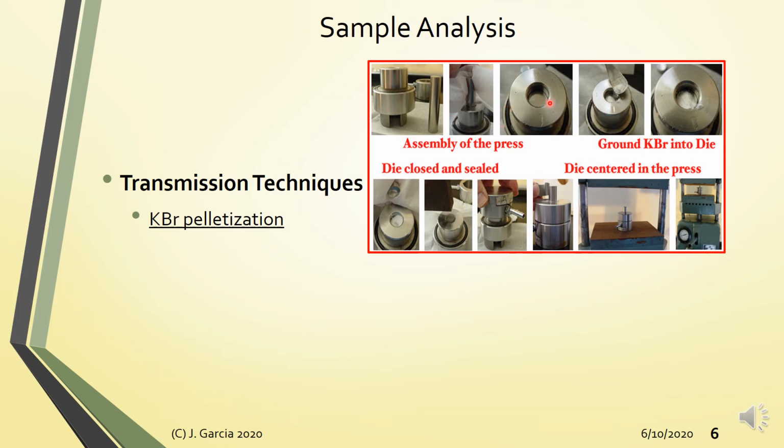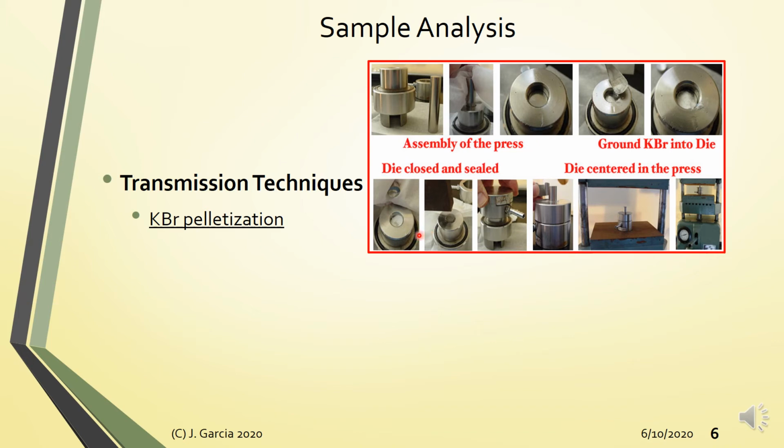So the die press is placed on the hydraulic press. Alright, so mag-a-apply ka ng pressure, and the result will be a crystal. Ideally, it should be a clear, or kung di man siya sobrang clear, kailangan translucent, kasi pag sobrang opaque yung crystal mo, hindi makakatawid yung infrared radiation, so magiging masyadong mataas yung transmittance mo.